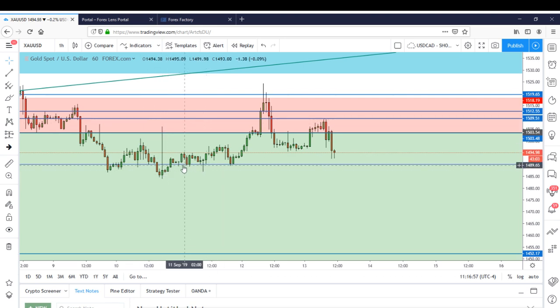A few more attempts, and it just created a bunch of hammers on 1490. On Wednesday, I gave the paid users a word of caution to watch out for gold to just impulsively spike. And this move happened right here without any news. These few candles, and this candle right here that wicked above, was a news candle. So gold has a tendency to do that, and most pairs in general.